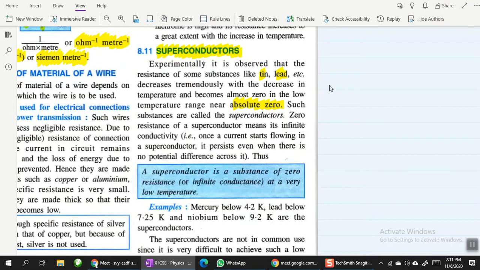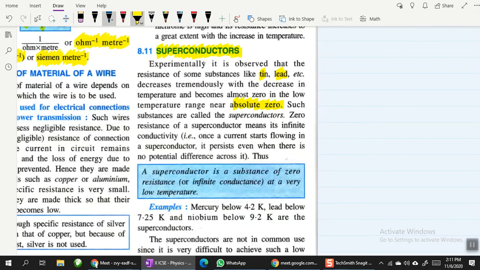Do you know its value? Sir, I don't remember. Okay. 0 Kelvin. 0 Kelvin, absolutely correct. Can you tell me its value in degree Celsius? Minus 273 degrees Celsius. Very good. So absolute zero is around minus 273 degrees Celsius or 0 Kelvin.